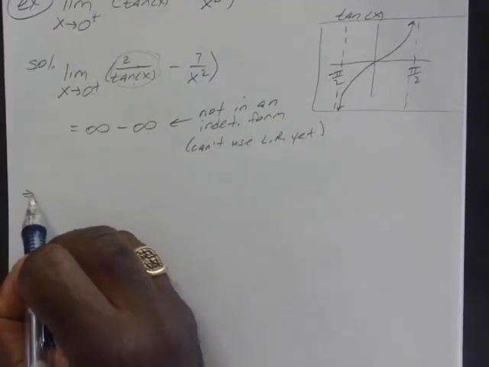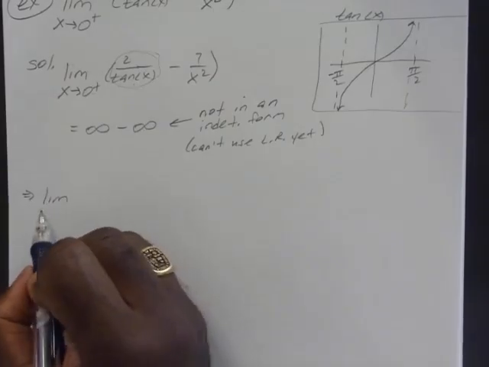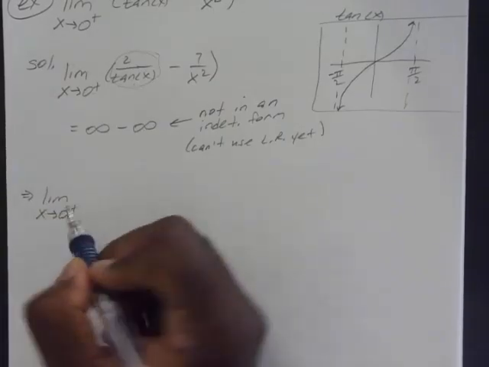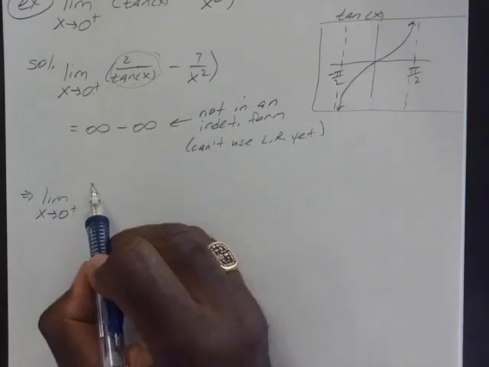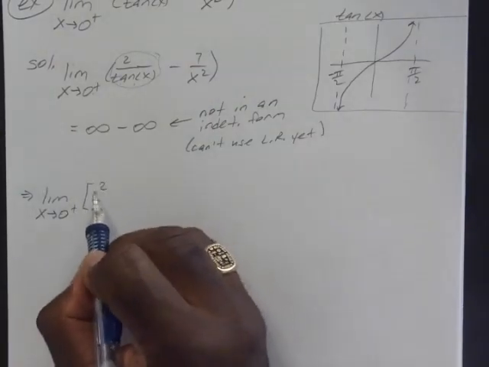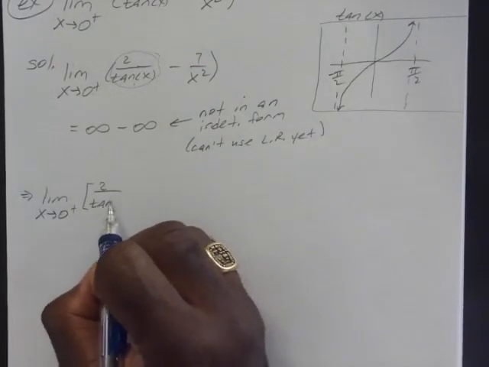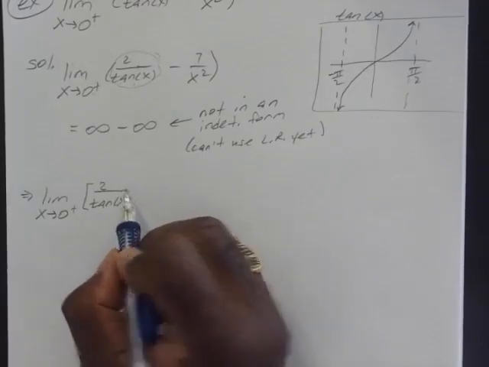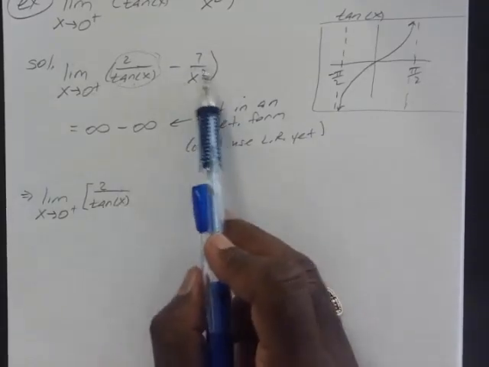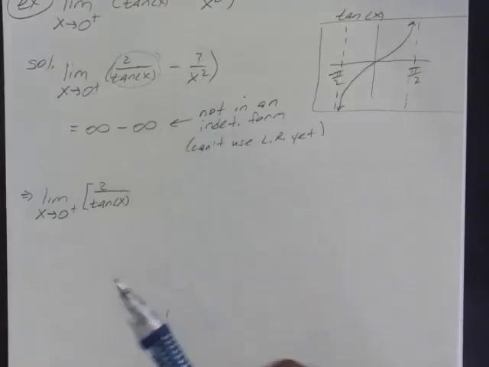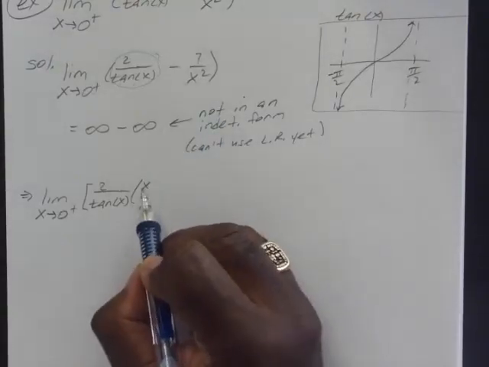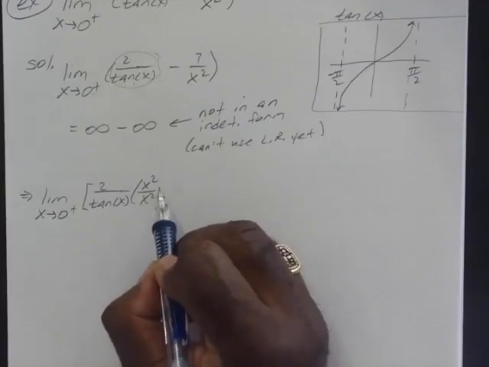Okay, so what we can do is take the limit as x approaches 0 from the right of 2 divided by tangent of x, and multiply it by the other denominator, so multiply this by x squared over x squared.